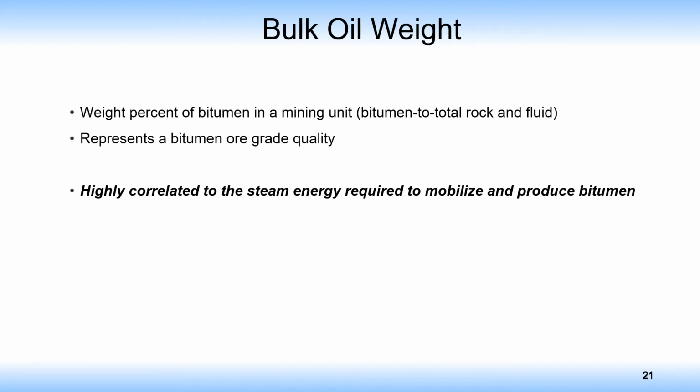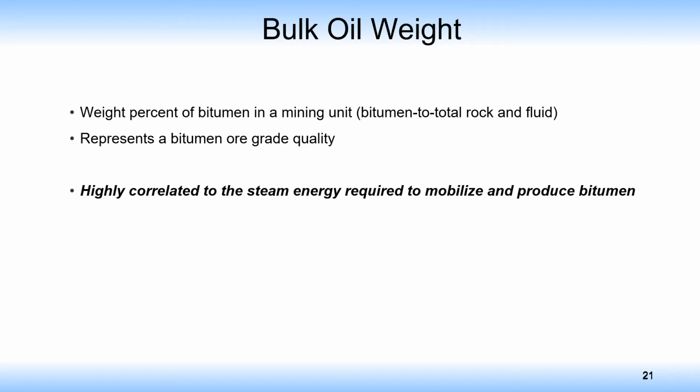Okay, so I'm going to introduce bulk oil weight and talk about it for a bit. Bulk oil weight is the weight percent of bitumen in the mining unit or rock unit. So it's the bitumen weight to the total rock and fluid weight. This represents a bitumen ore grade.